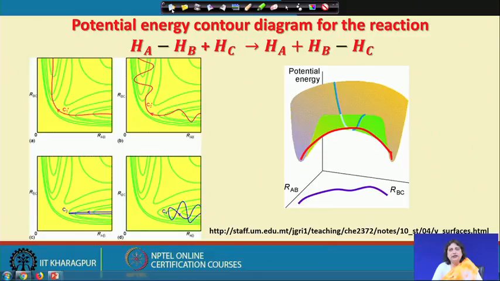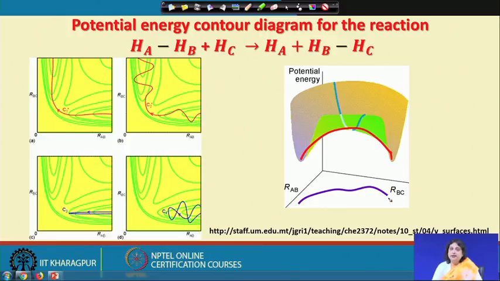As a result, in the plane RAB, RBC, there will be only some combinations of RAB and RBC that will allow the system to pass from the reactant well to the product well. And those combinations of RAB and RBC which take the system from the reactant to the product well through a minimum energy path are called the reaction coordinate.